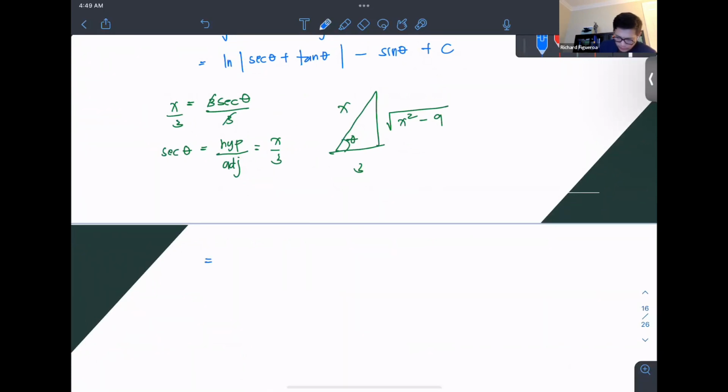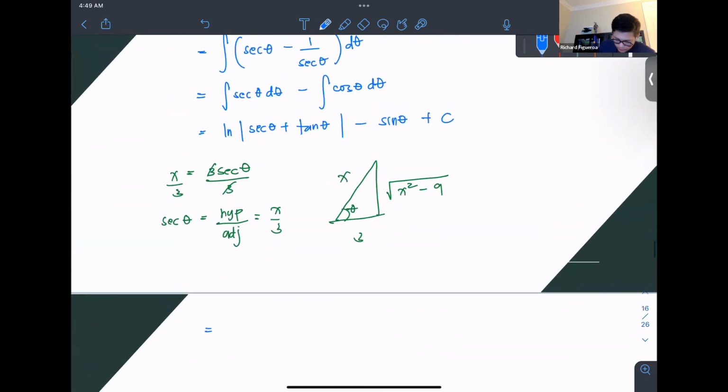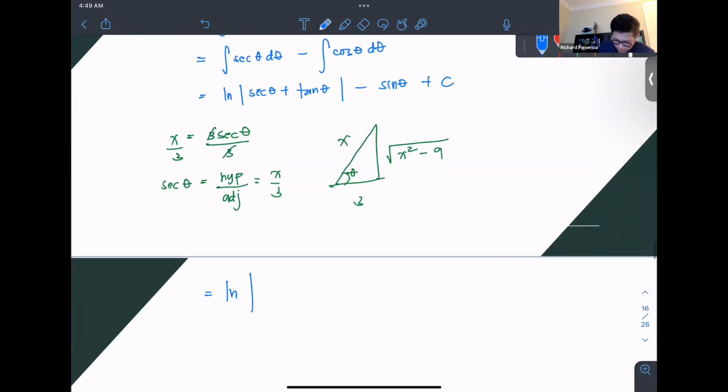So finally, ln of our secant theta, which is x over 3, plus tangent, which is opposite over adjacent, so the square root of x squared minus 9 all over 3, minus sine theta, so the square root of x squared minus 9 all over x, plus c.